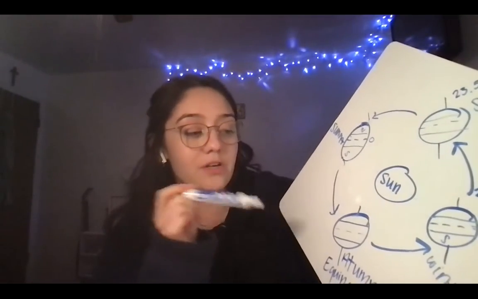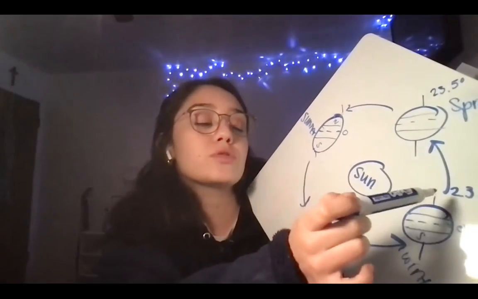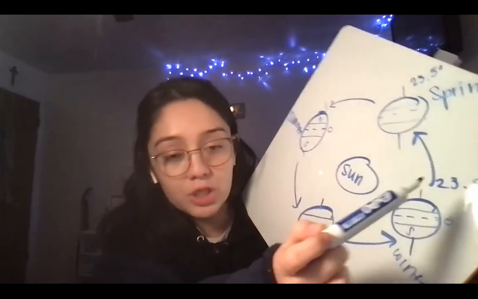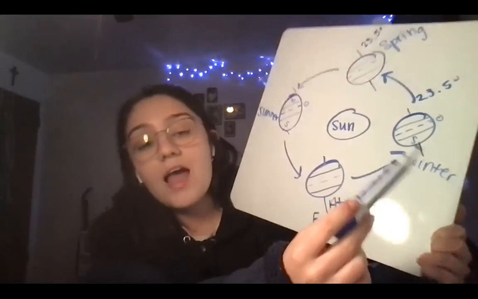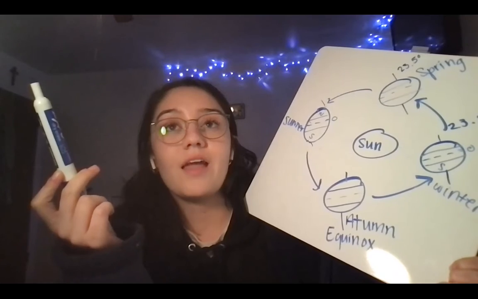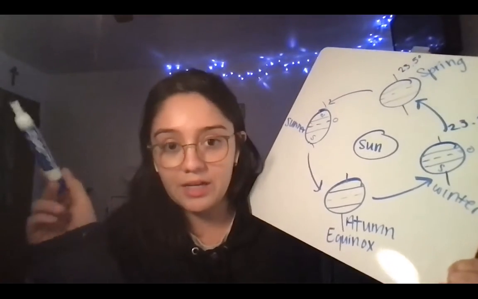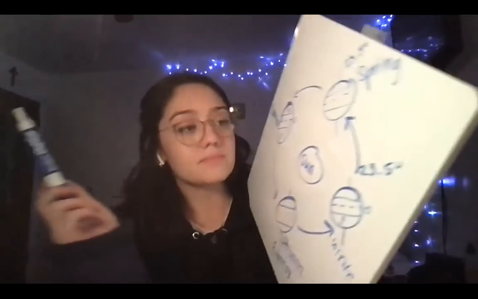And then after the autumn equinox, days still keep getting shorter and shorter until we get to the winter solstice. And then there's like 8 hours of day or something, ridiculous. The shortest day of the year is winter solstice.